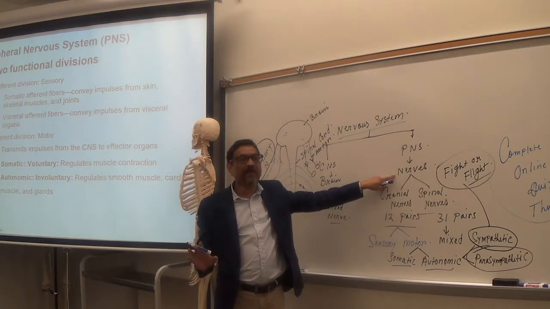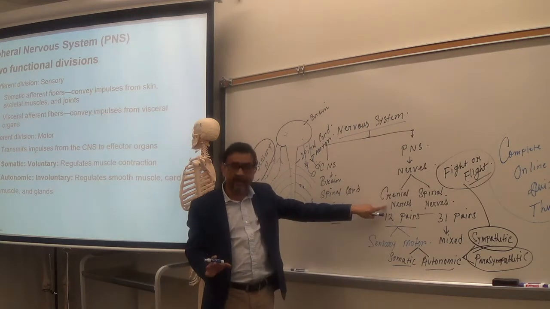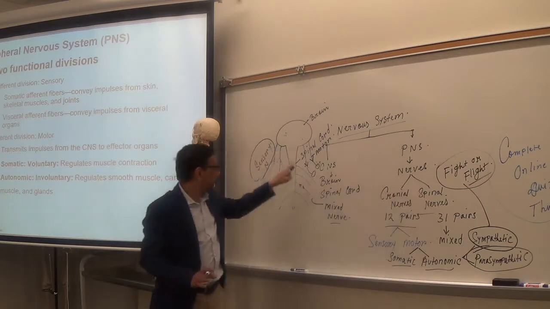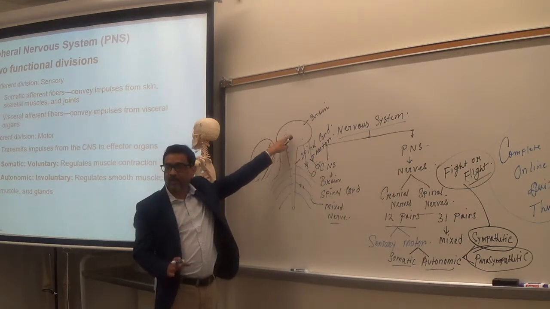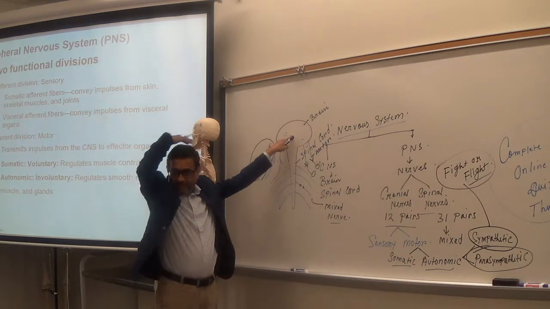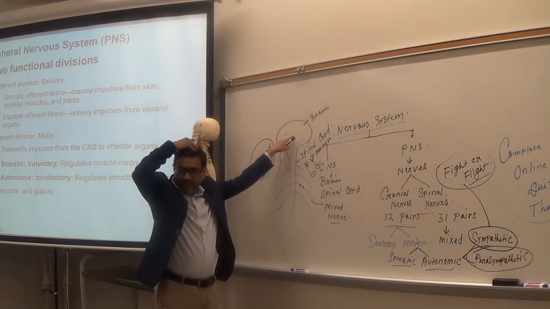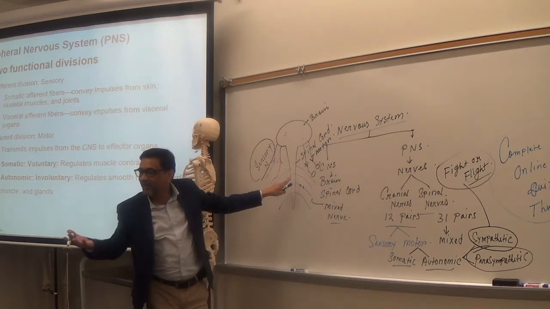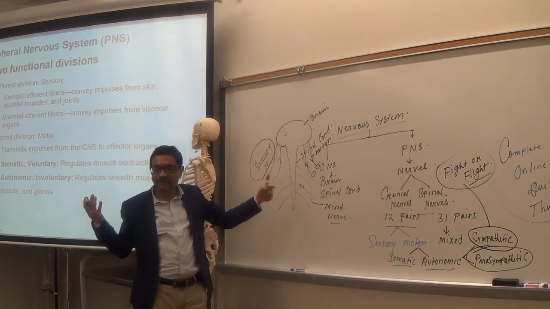Clear? And nerves could be cranial or spinal, right? Those nerves attached to the brain are what? Cranial, because this is the cranium. And those nerves attached to the spinal cord are spinal nerves. Very simple.